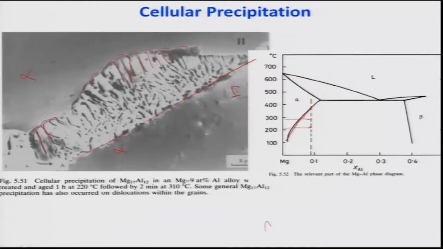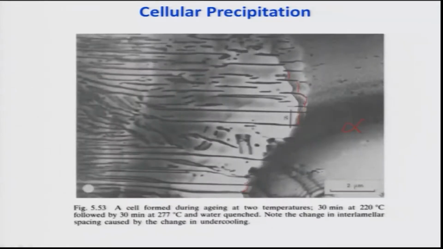Now, how do we prove this? This is another picture which I have shown you, in this case of a cell formed by aging at two temperatures, 220 for 30 minutes and 277 for 30 minutes, followed by a water quench. You can clearly see there is a cellular microstructure with a certain value of interlamellar spacing.